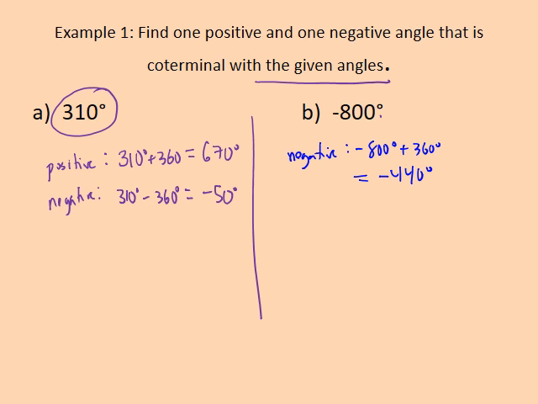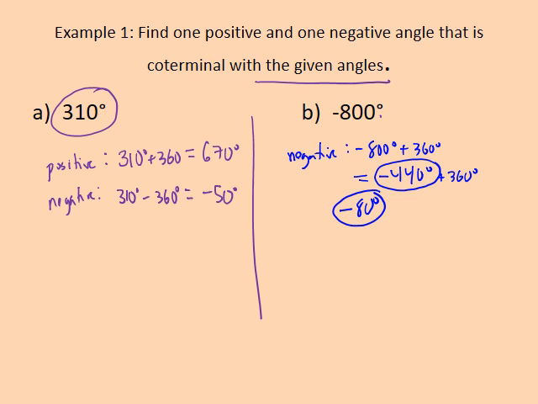We would like the one closest to 0 degrees. So if we add 360 degrees again, we get negative 80 degrees. So to answer the question, give one positive and one negative angle that is coterminal, you could say negative 440 degrees or negative 80 degrees.